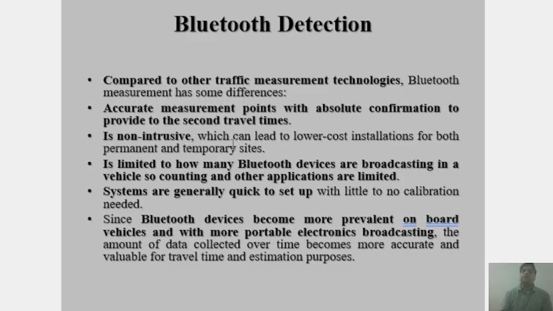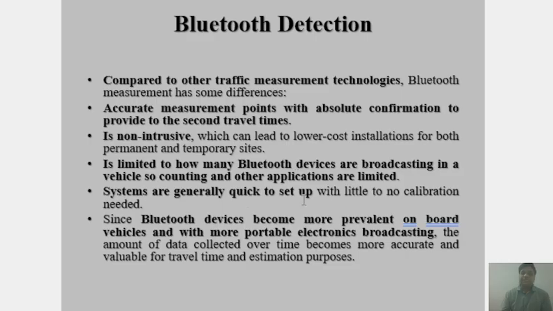Non-intrusive in the sense it is not buried beneath the surface of the road, but it is there on the road, which leads to lower cost installation for both permanent and temporary sites. It is limited to how Bluetooth devices are broadcasting in the vehicles, so counting and other applications are limited. If the Bluetooth devices are on, then only the broadcasting or the counting of the vehicles can be applied, and hence its application is a bit limited.